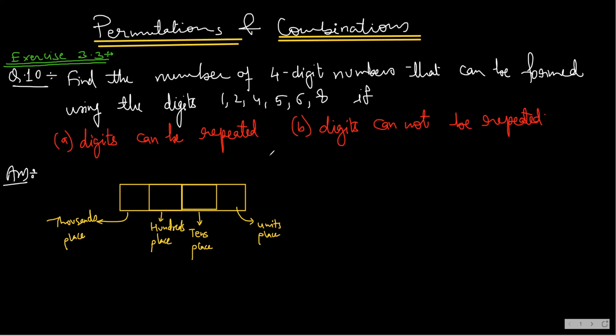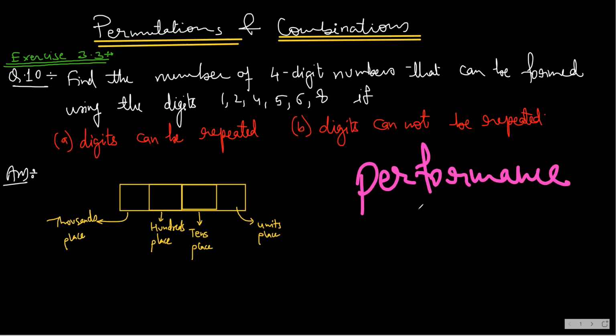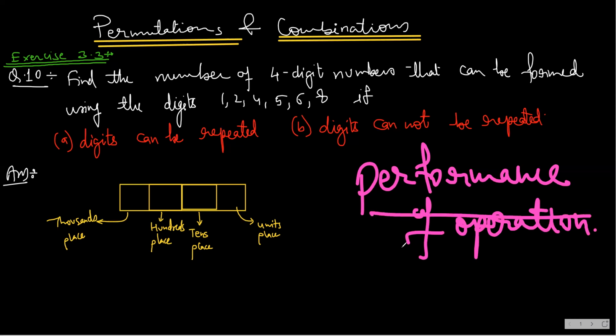As I always tell you, whenever you are solving any such question, you have to think that you are literally performing the operation. So think from the point of view of performing the operation.